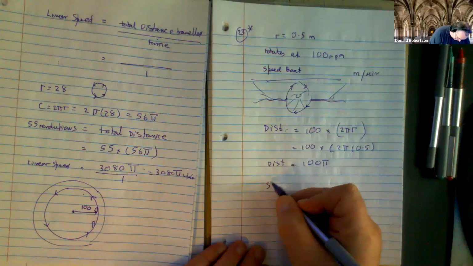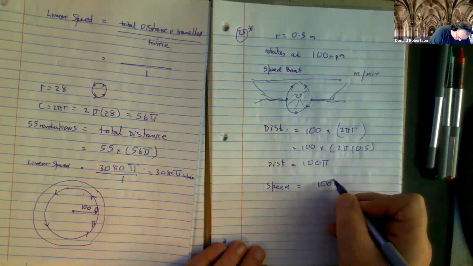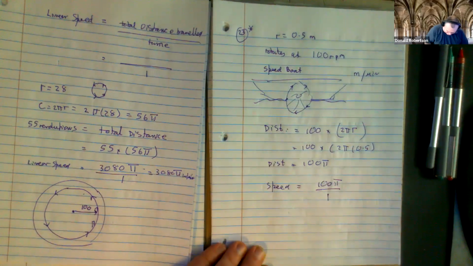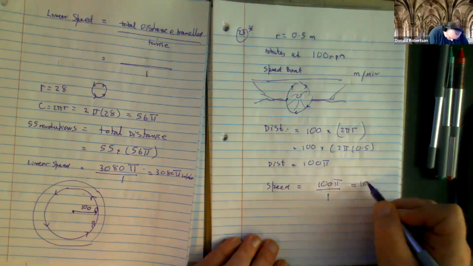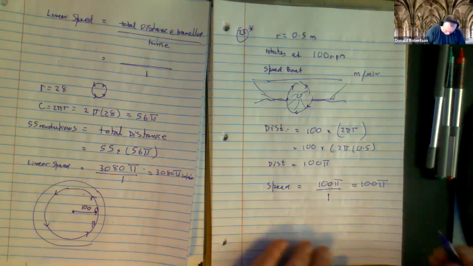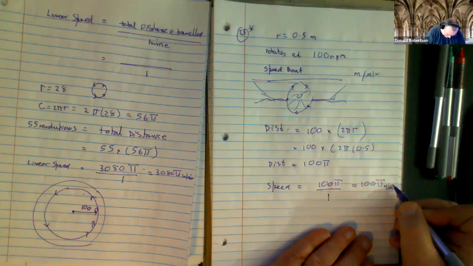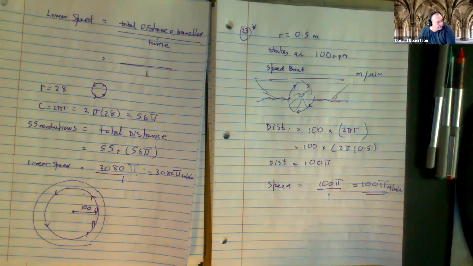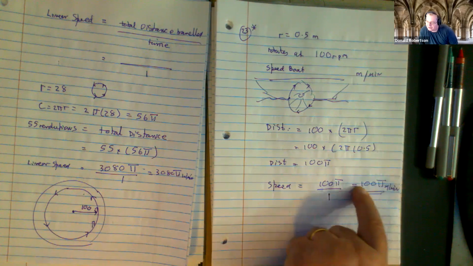And so your speed is going to be your distance traveled divided by the time, which happens to be 1 minute. And so you can't get much easier than that. And so it's that guy, meters per minute. And since they didn't ask for 2 decimal places, you realize I'm leaving the answer as an exact value.